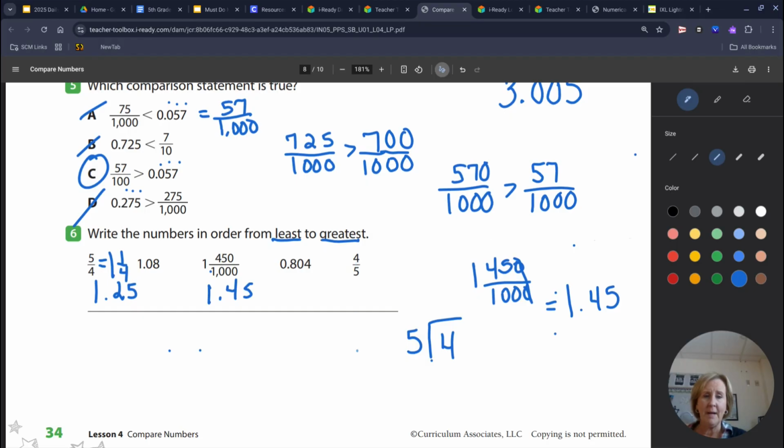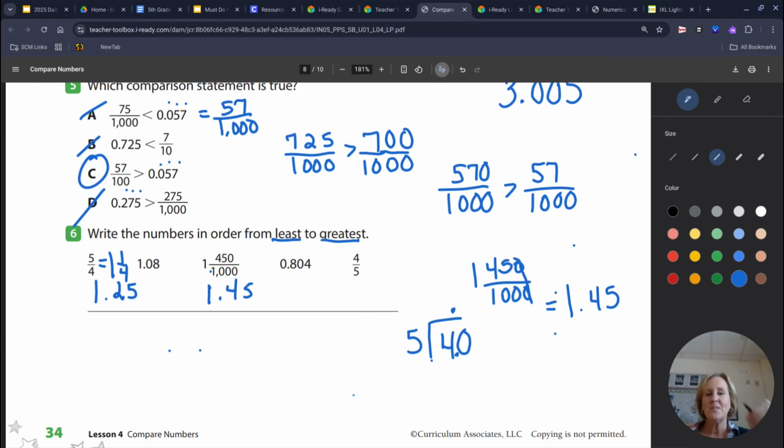4 divided by 5. Let's put a decimal up in the line, and let's add a 0. Why I added a 0 is because I need something to work with. I can add on as many zeros as I need, and I'm still going to have 4.